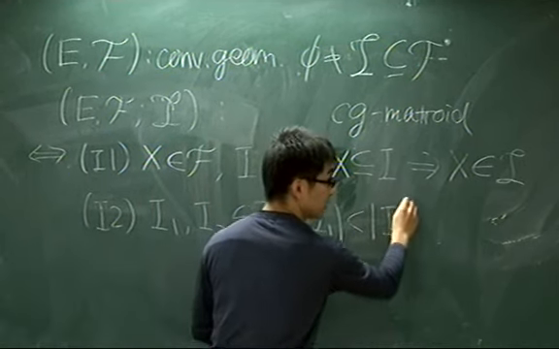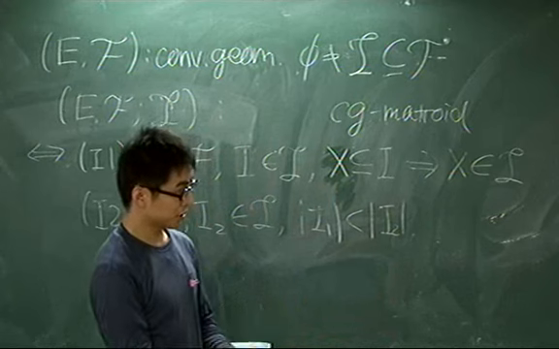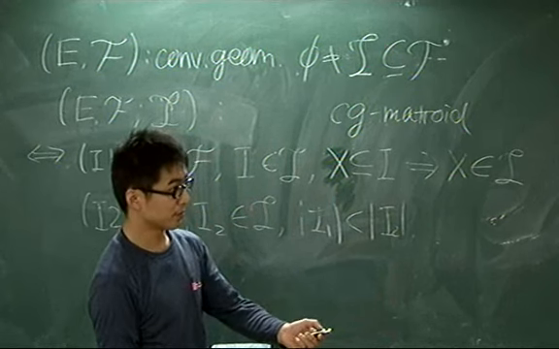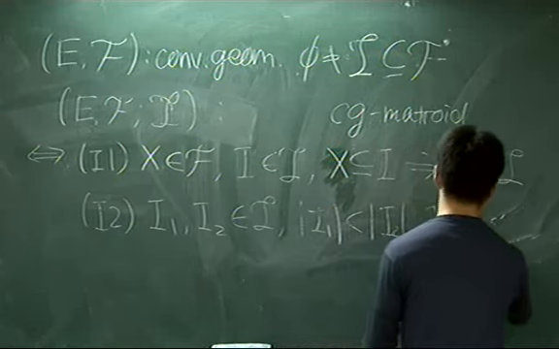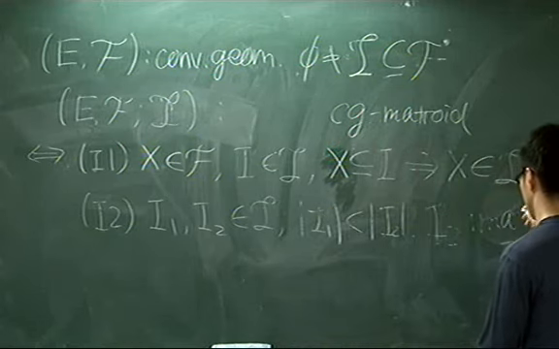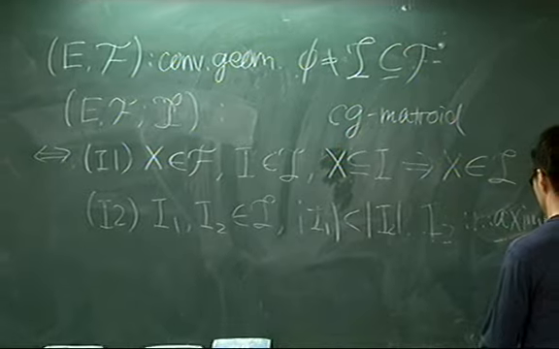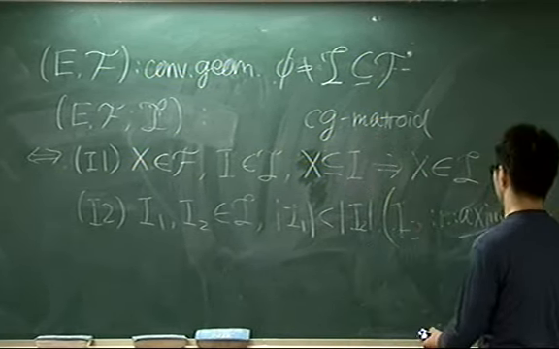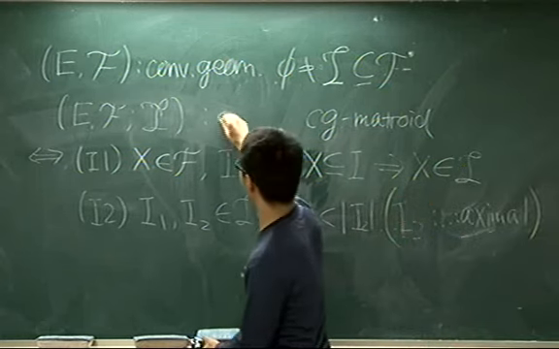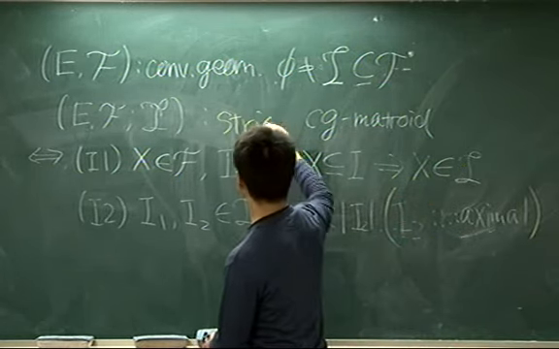In the ordinary case, we must assume the maximality of I2. That is the difference. So if we delete this one, then this is the definition of strict CG matroid.